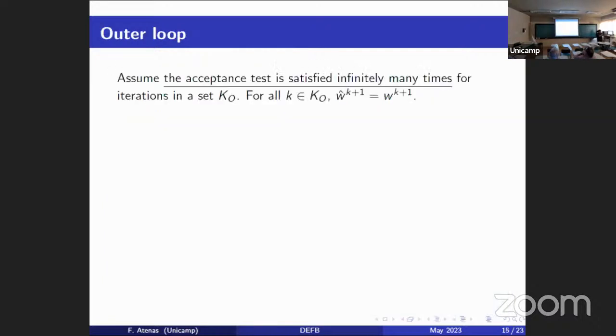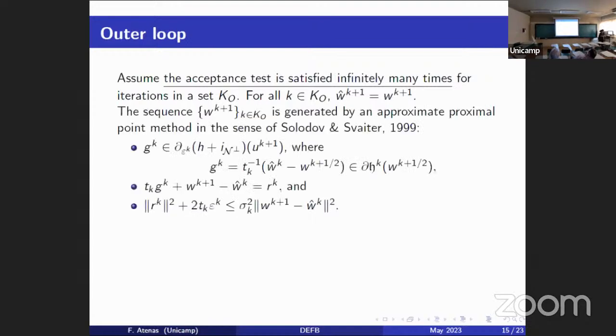Now, for the other case, the outer one, meaning that we have infinitely many iterations where the acceptance test is passed, we define a set K_0 containing all of those iterations. The key feature here is that the centers for the iterations in this set are always updated, because we are always passing the test, right?